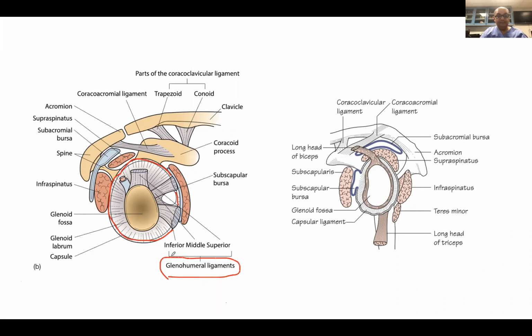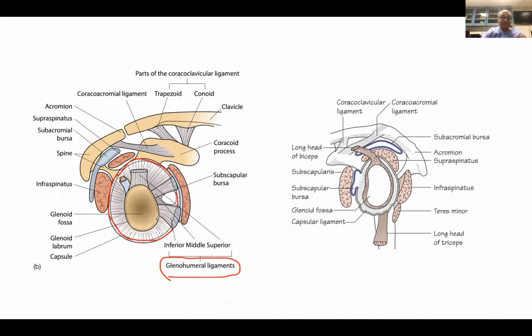Why is it inferior? Because it's inferiorly placed. The one in the middle we call middle glenohumeral ligament, and the one on top we call superior glenohumeral ligament. So they are inside the fibrous capsule. So who are these? The fibrous capsule, and the superior, middle, and inferior glenohumeral ligaments are the ligaments of my glenohumeral joint.